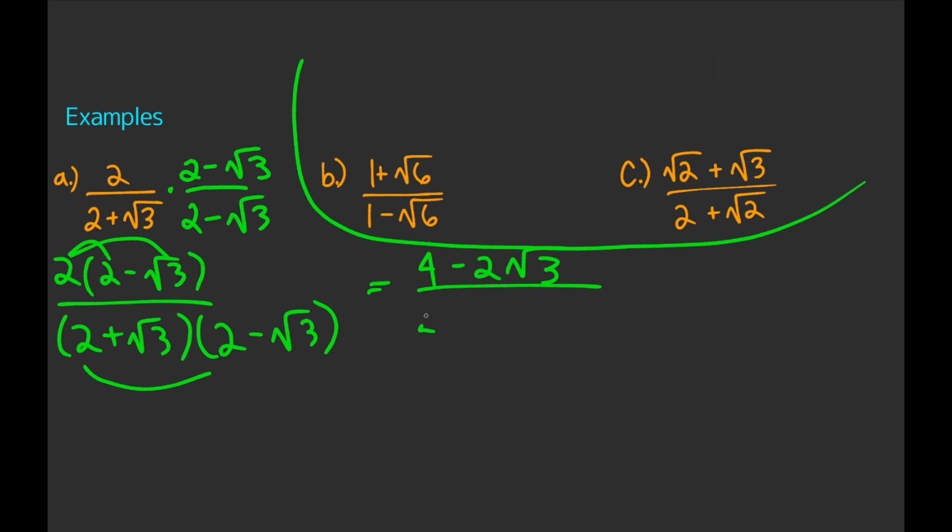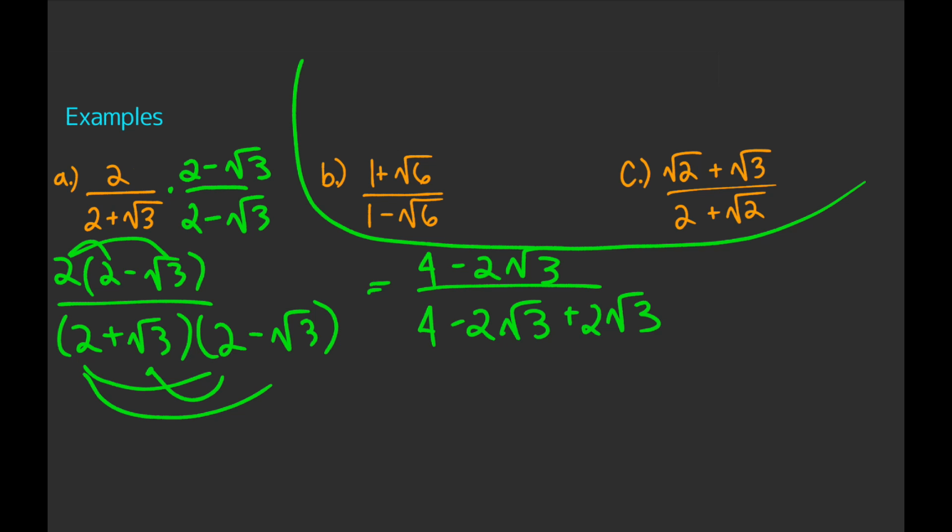That's going to get us 4. And then we're going to multiply the 2 by the negative square root of 3, and we're going to get minus 2 times the square root of 3 times the square root of 3. Next, we're going to multiply this square root of 3 by the 2, and we're going to get plus 2 times the square root of 3.